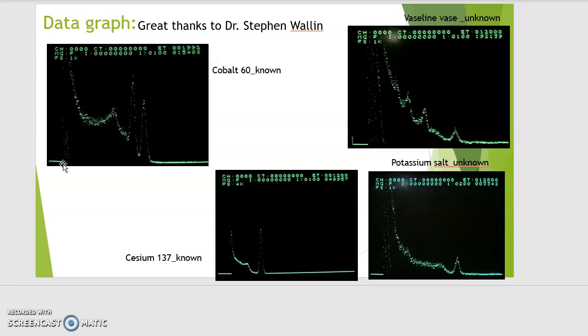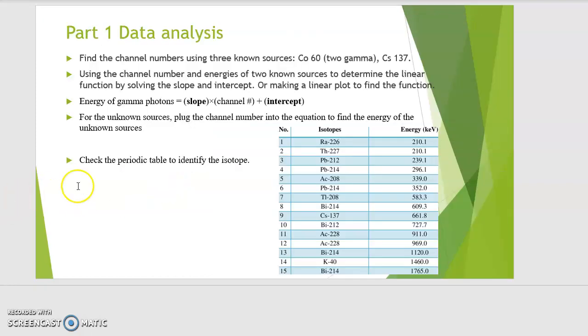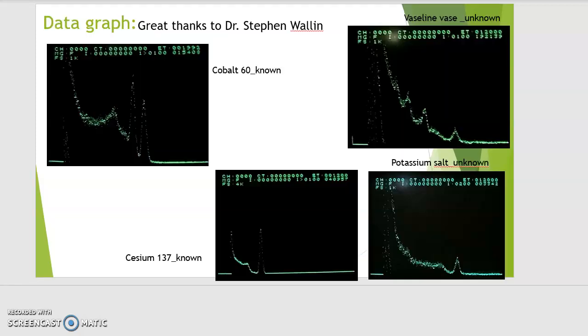That address is called a channel number. So we want to find out the channel number for each peak. We will use log to analyze those peaks, and use log to find those channel numbers for all the graphs.